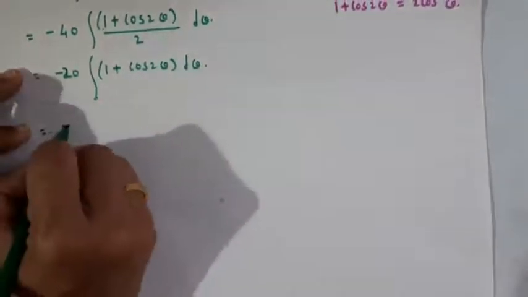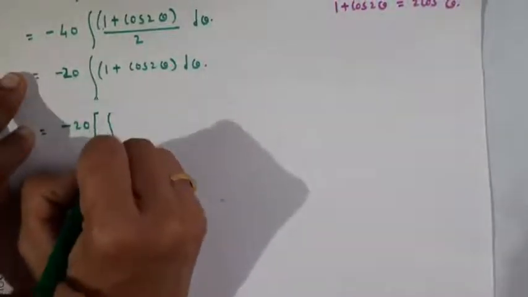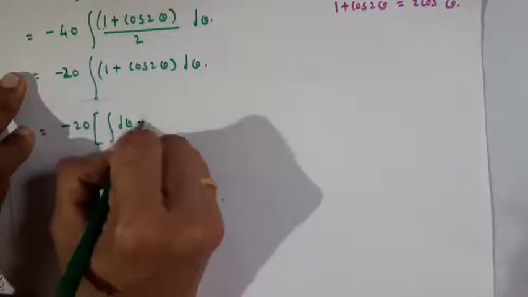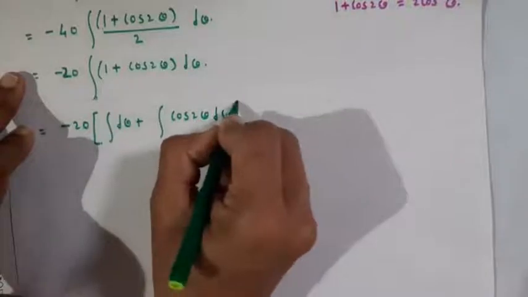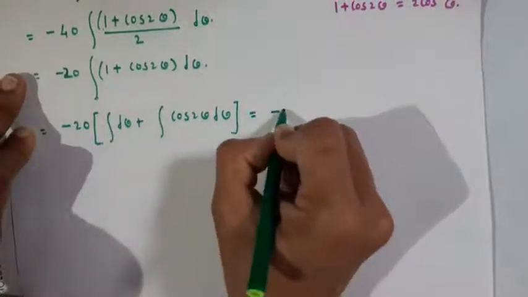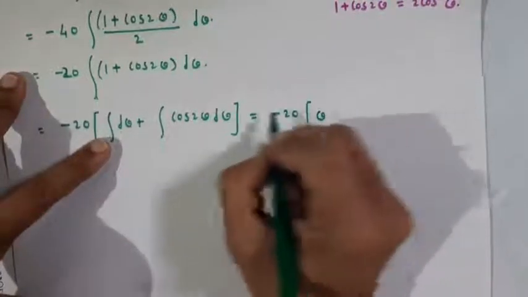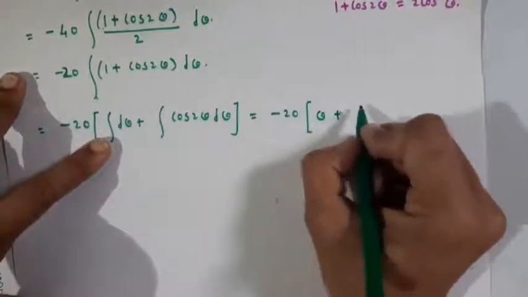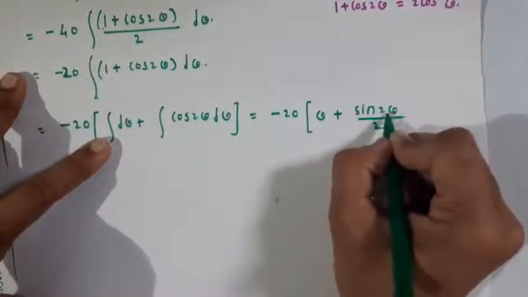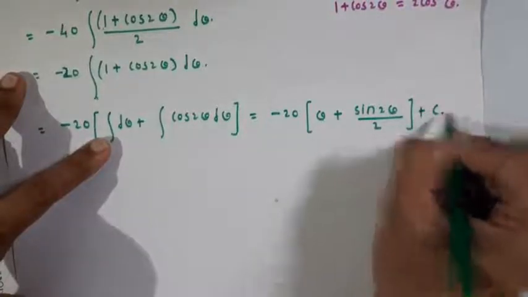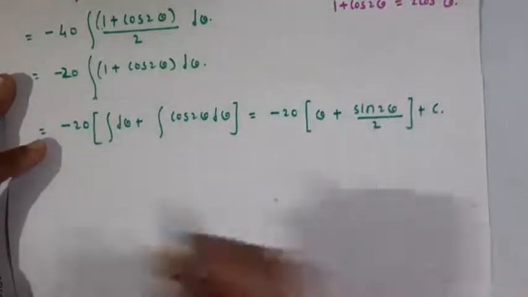Okay, so this minus 20 goes outside the integral as a constant. Now integration of 1 with respect to theta plus integration of cos of 2 theta with respect to theta, and this is equal to minus 20 times theta plus sine of 2 theta upon 2, because 2 theta is again a differentiable function, plus constant of integration c. Now resubstitute the value of theta.